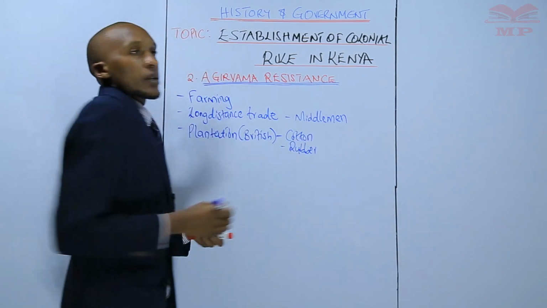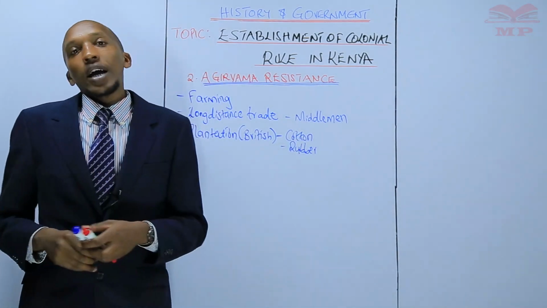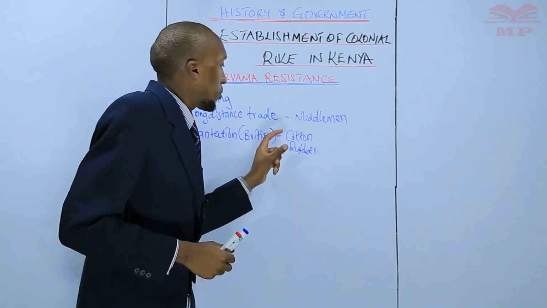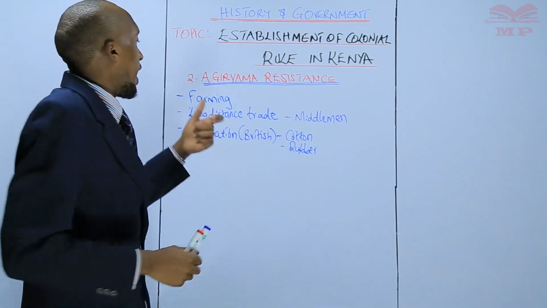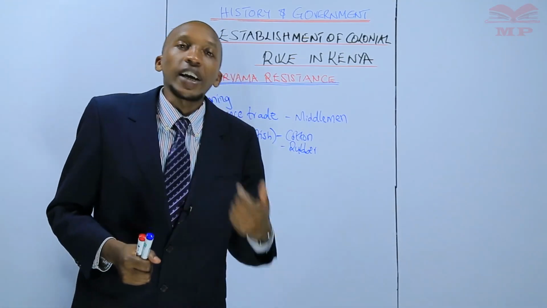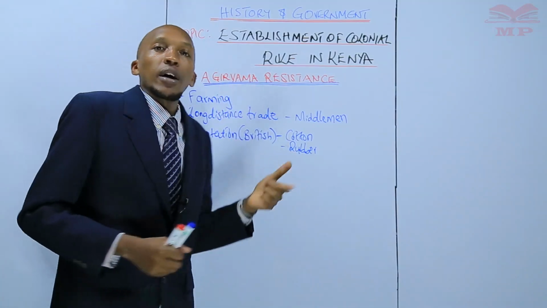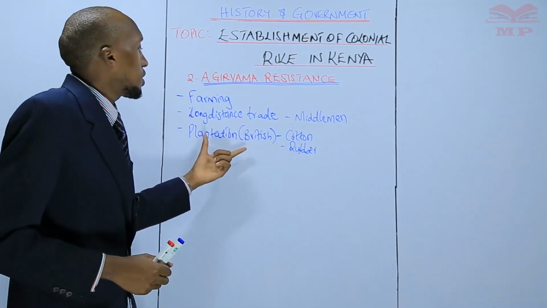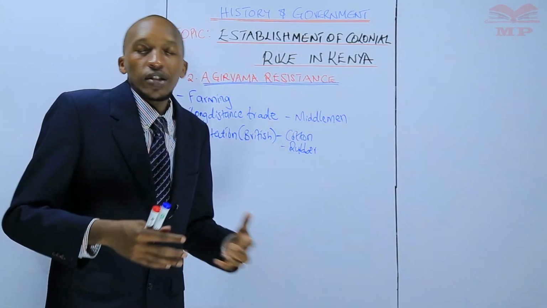They established large plantations of cotton and rubber. And the only way they could develop these plantations was through the use of the Agiriama, providing them with labor. So the resistance of the Agiriama started with them refusing to work in the British plantations. That is how the resistance started.